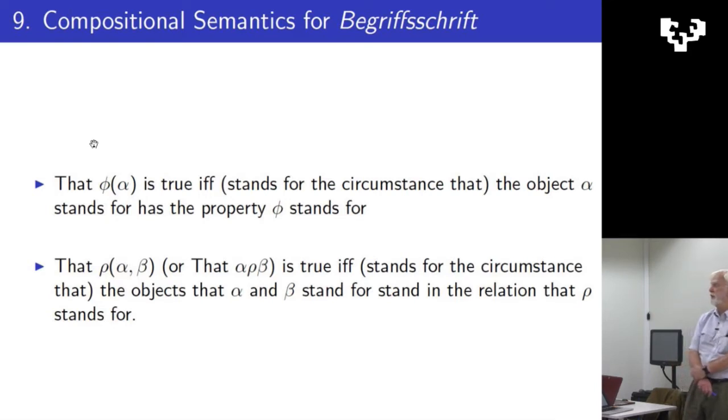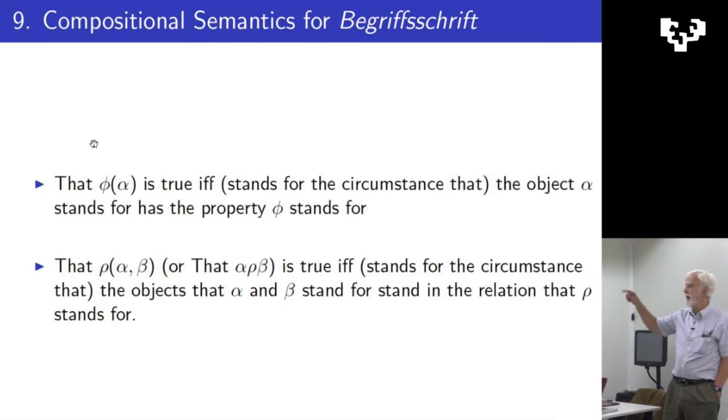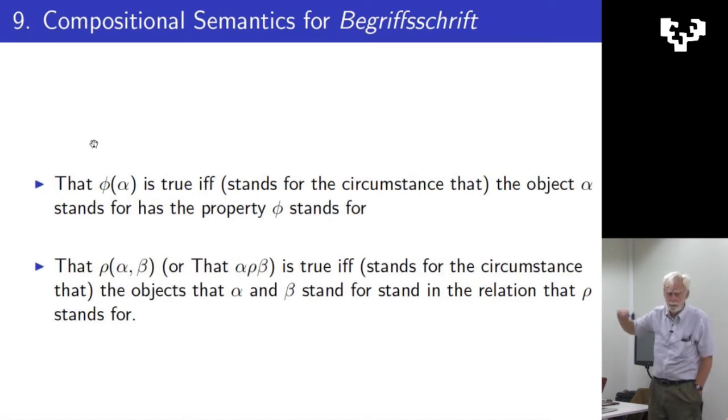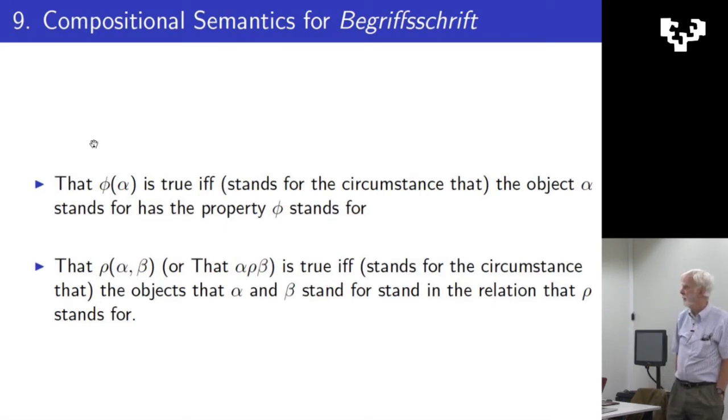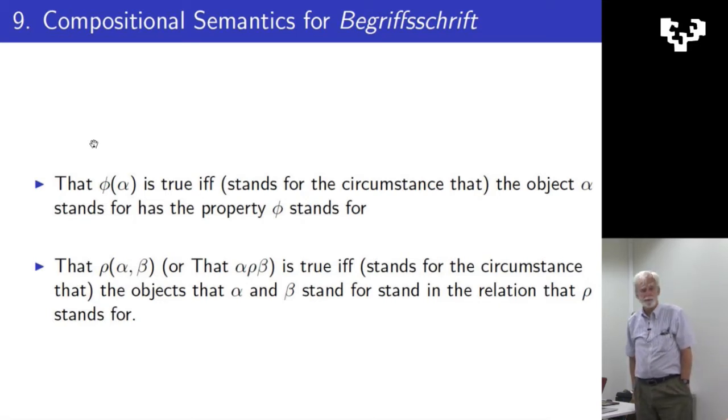And then the relational one, and I allow it, like phi alpha beta or alpha phi beta, because with the identity sentence, we usually put the identity sign in the middle. It's true if and only if it stands for the circumstance that the objects that alpha and beta stand for stand in the relation that phi stands for.